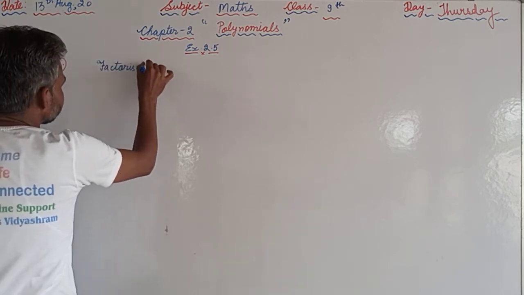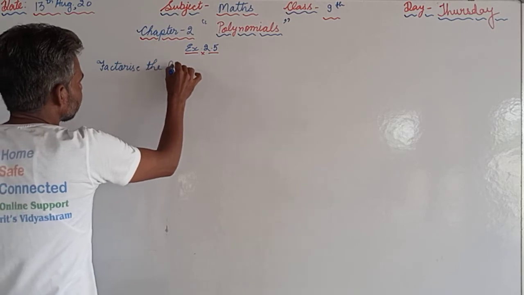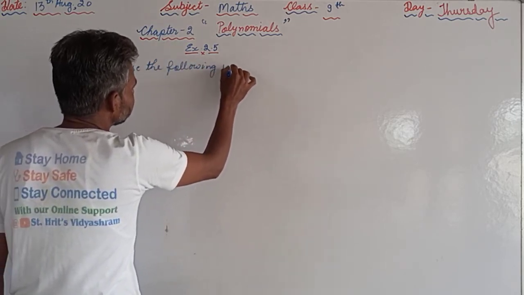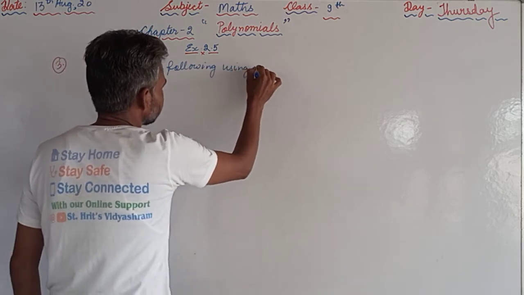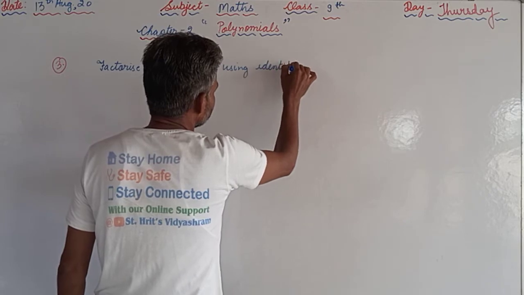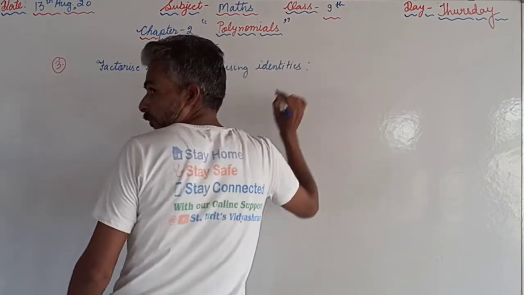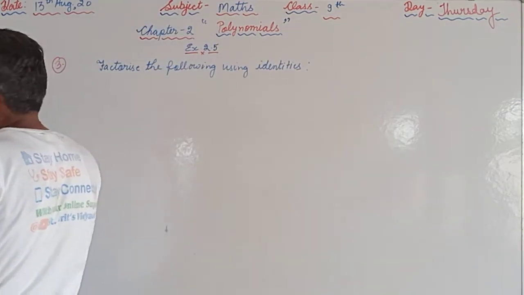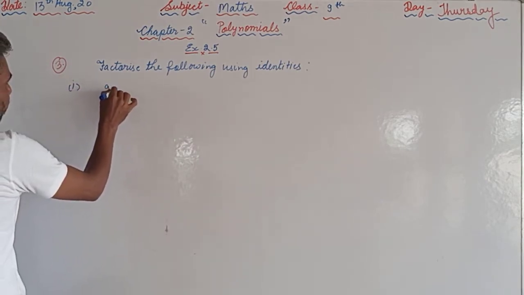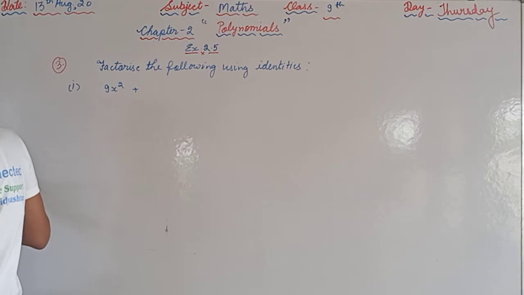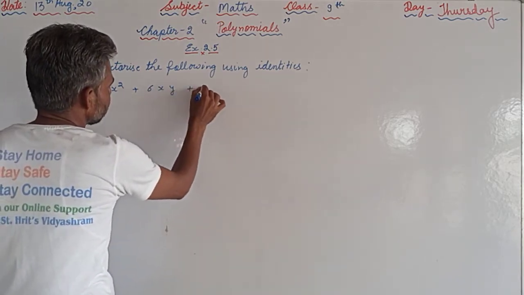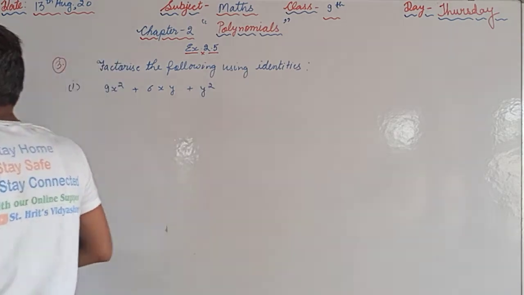Factorize the following using identity. So the identities we are supposed to use to factorize. So the first part is 9x square plus 6xy plus y square.